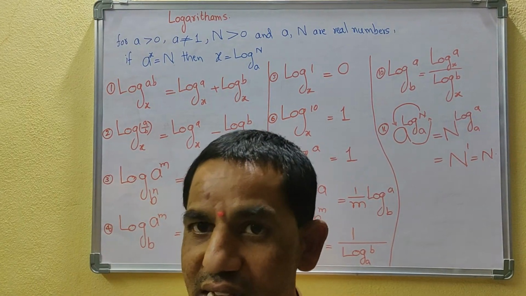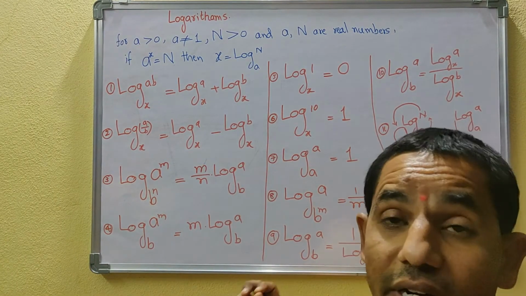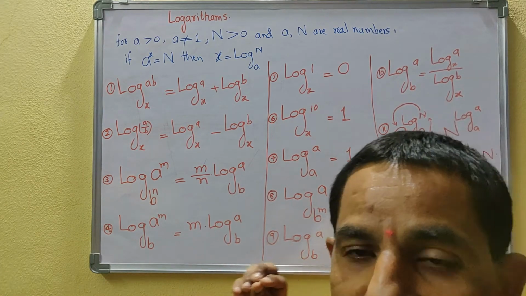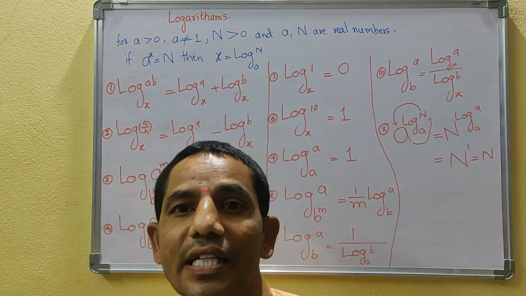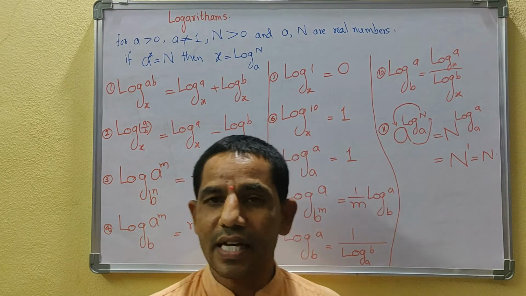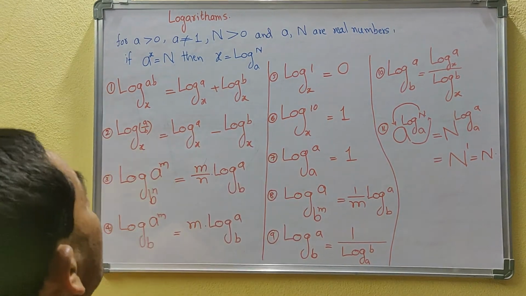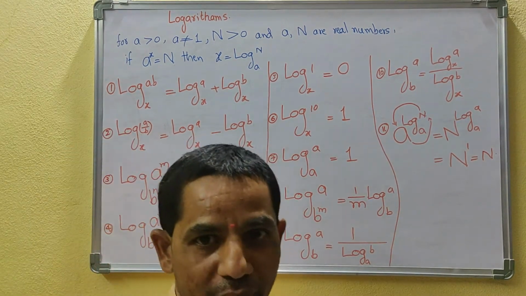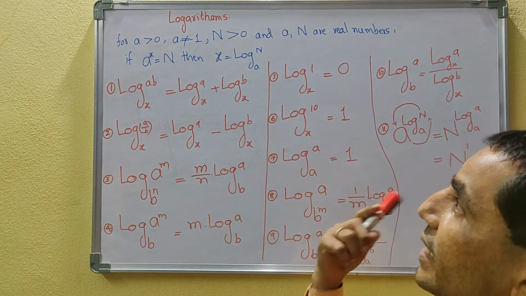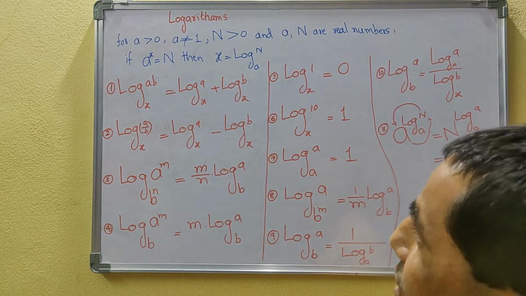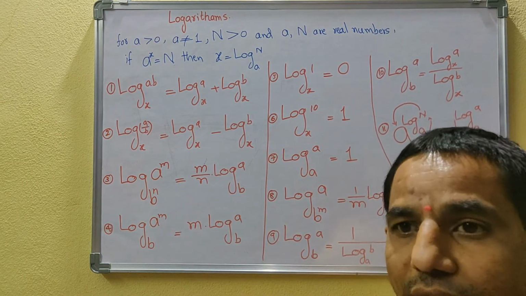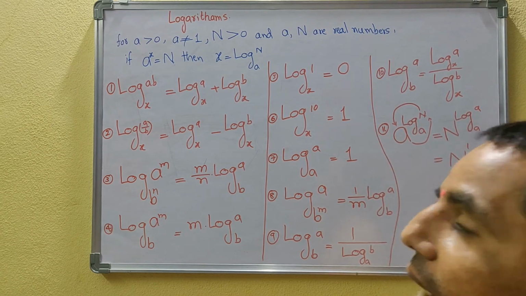I will repeat once again these very, very important formulas. If you perfect these formulas, you can easily solve the answers. Now once again, first the definition. a greater than 0 means you take 1, 2, 3, 4 and so on.